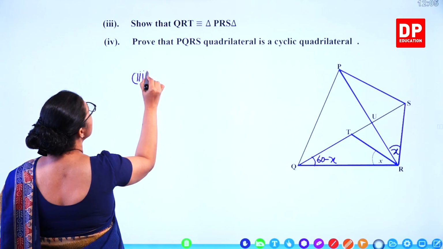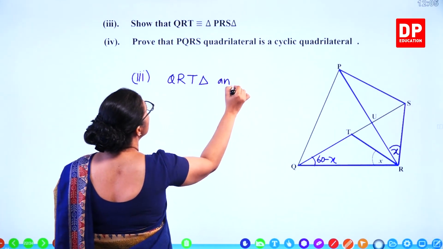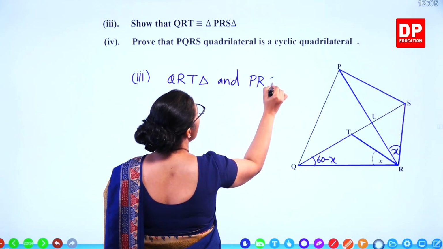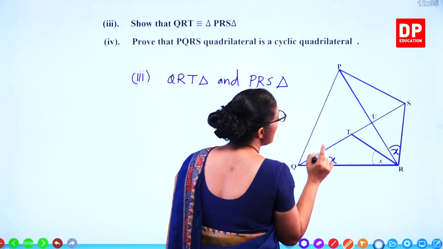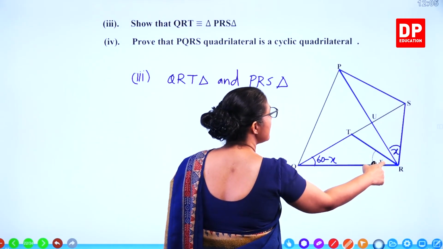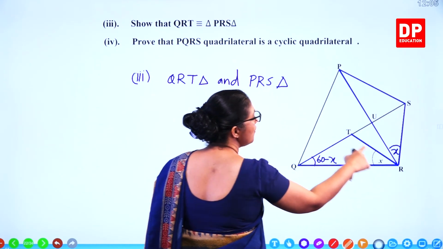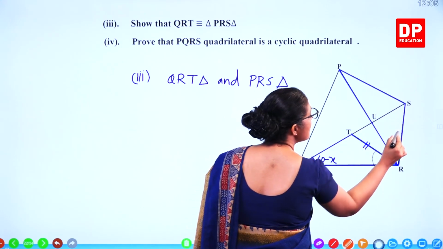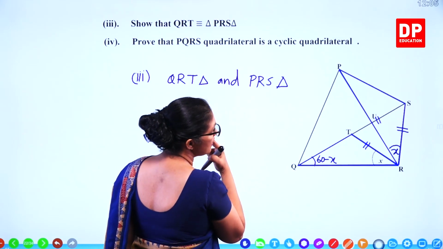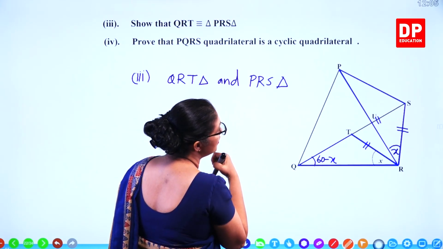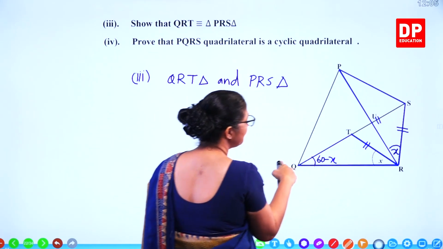So what are the two triangles? QRT triangle and PRS triangle. Now we know the sides are equal. So this length is equal to this length. And here when you take this small one, this length is equal to this length, is equal to this length.